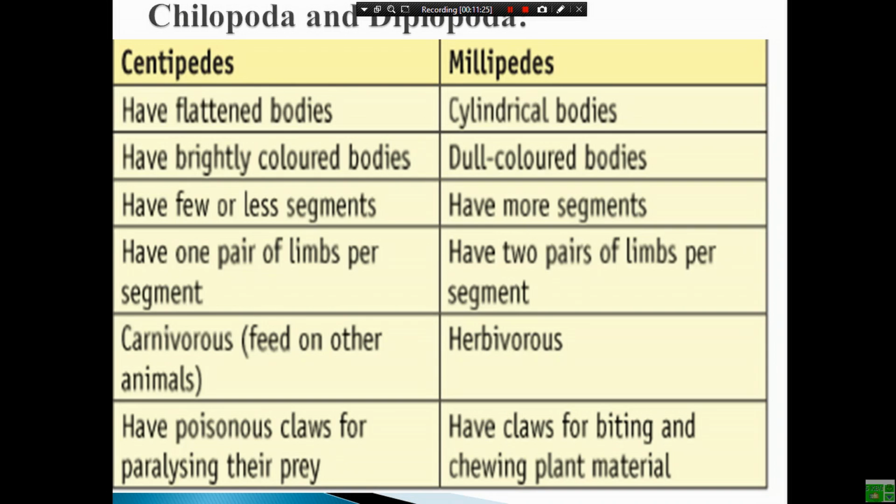And millipedes are herbivores. They feed only on plants. Centipedes have poisonous claws for paralyzing their prey. And millipedes have mouthparts for biting and chewing plant material. These are the main compare and contrast features of class Chilopoda and Diplopoda, which are known as centipedes and millipedes.